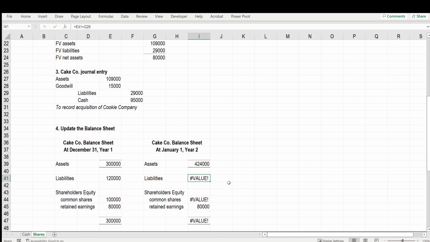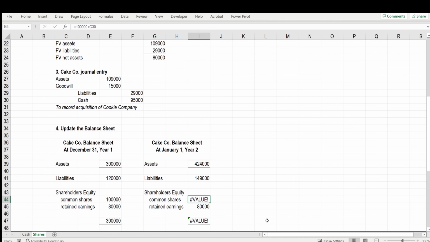Our liabilities are still going to be a similar calculation as last time, the $120,000 we had already, and then the liabilities of Cookie Company that we acquired, so $149,000. The common shares are what is going to be changing.